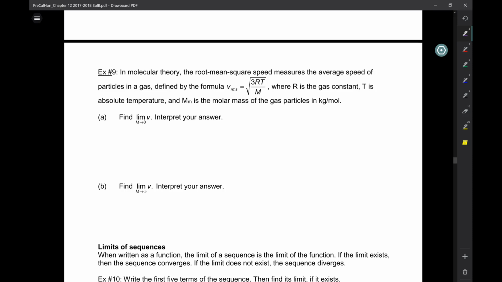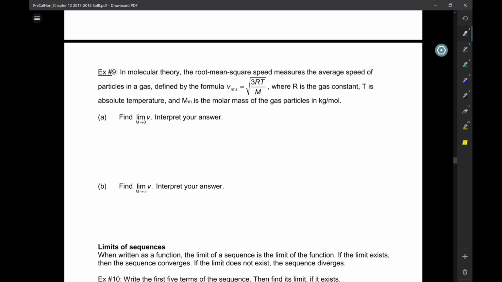Okay, I love that stuff. Oh my gosh, this is an area called physical chemistry. So it's like the physics of the chemistry, and it's so cool. And R, everybody knows, is the gas constant. T is temperature. M is the molar mass of the gas particles in kilograms per mole.